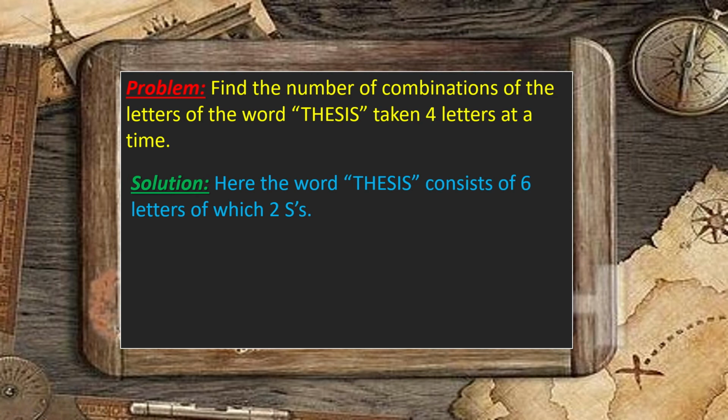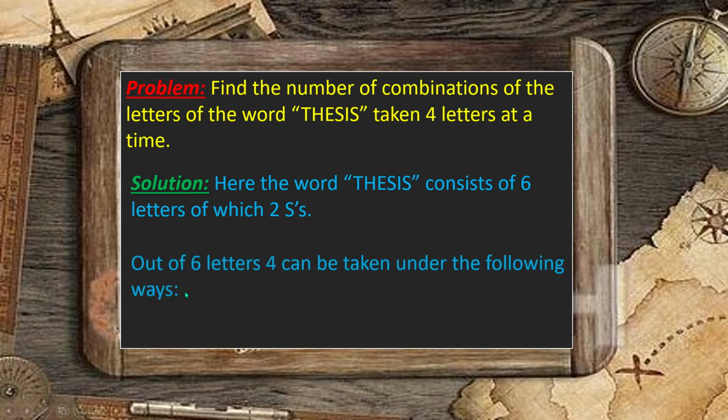But when we consider 2 S as a single S, then there will be a total of 5 different letters. Clear? So out of 6 letters, 4 can be taken in the following ways. All are different.